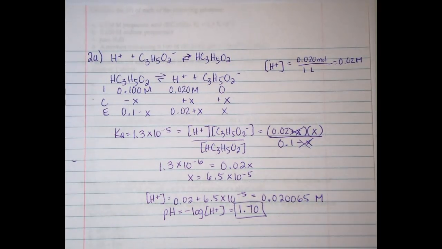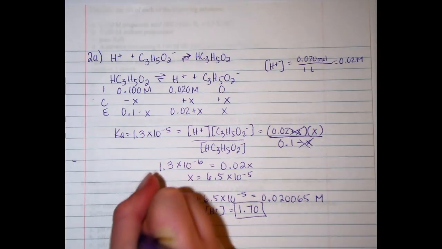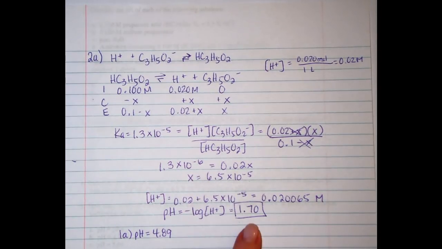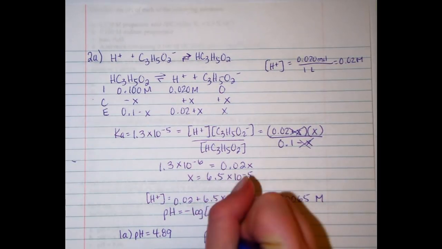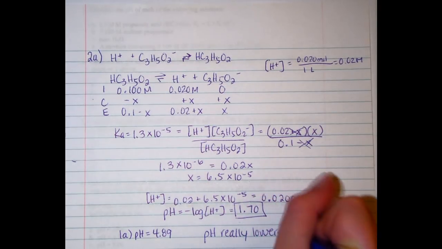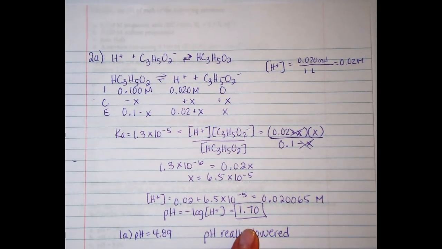Now, that is compared to my original pH, which I believe was about 4.89 from problem 1A. So 1A had a pH of 4.89. When I add this much acid, it really lowers the pH. So just as a commentary, this really didn't help me. And the thing was, it's not a buffer system, so I wouldn't expect it to.